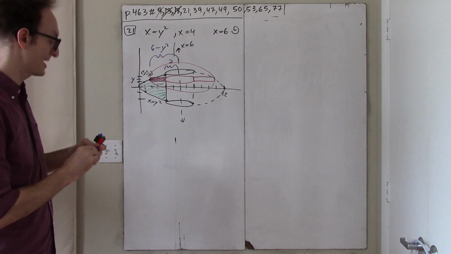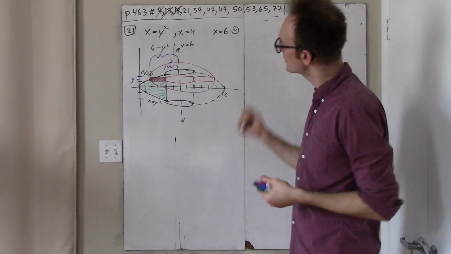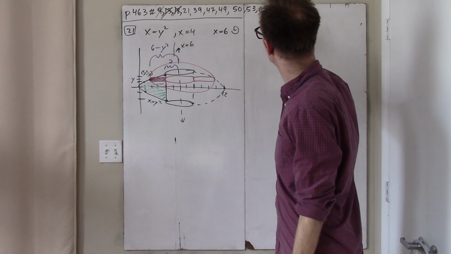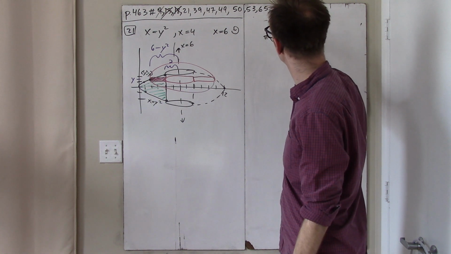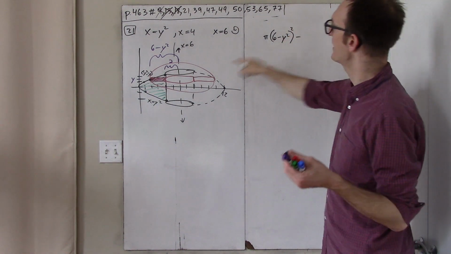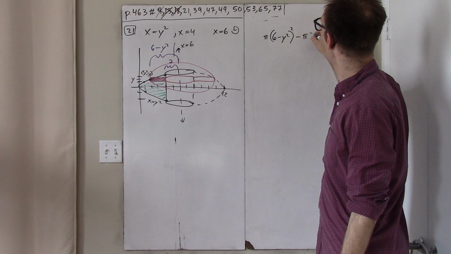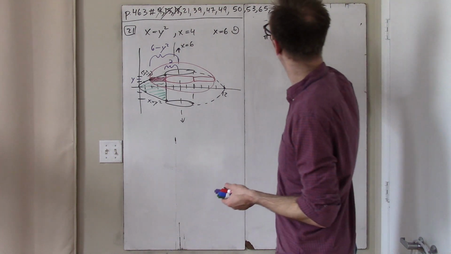Okay, so if you have all that under control, then we can just do it. You take 6 minus y squared, the outer radius, you pi r squared it to get the area of the outer circle. You subtract the area of the inner circle, which is just pi times 2 squared. That's the area of the circle minus circle.